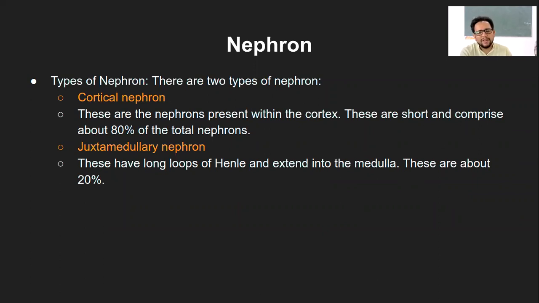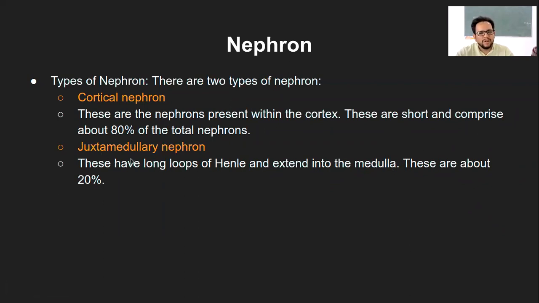The juxtamedullary ones have long loops, like the loop of Henle we had seen, extended into the medulla. That is, half of it is in the cortex and half of it is in the medulla. The one which we had seen in the diagram was actually a juxtamedullary nephron. In the cortical nephron, the maximum part of the nephron is in the cortex itself. And the juxtamedullary nephrons are just 20% of the total nephrons.